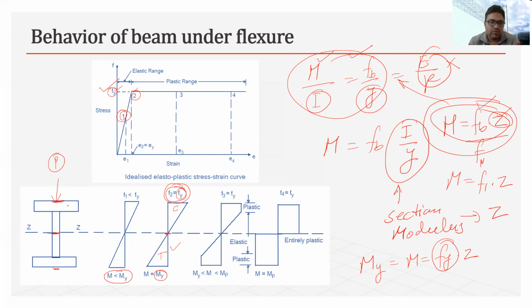Similarly, now if we try to find out, at this point the uppermost fiber is yielding, while the fibers between the neutral axis and the uppermost fiber are still within the elastic range, and the stress within them will be less than the Fy value. Now, if we further increase the load, what will happen?